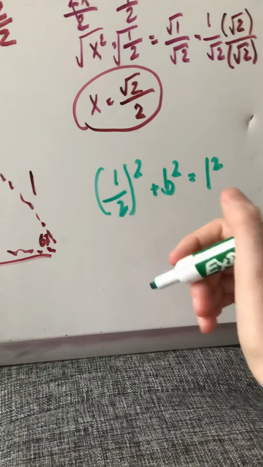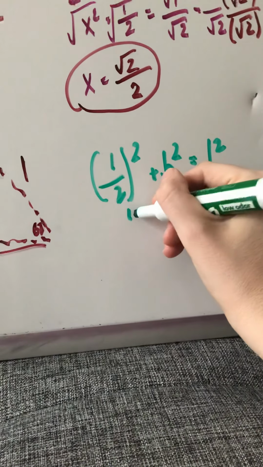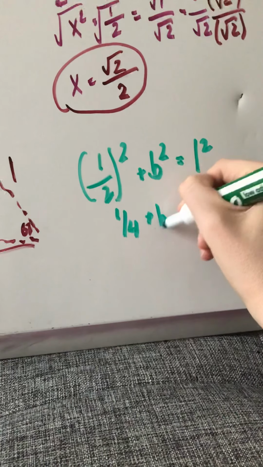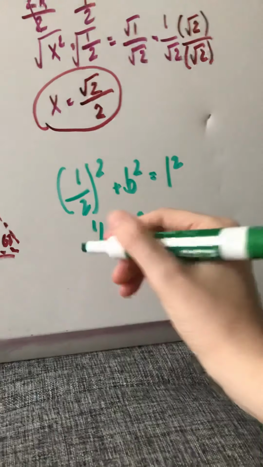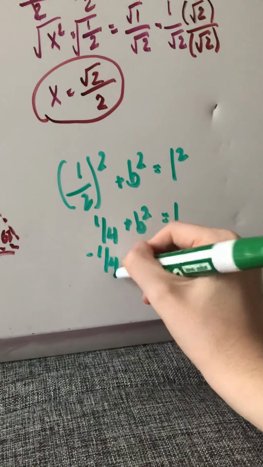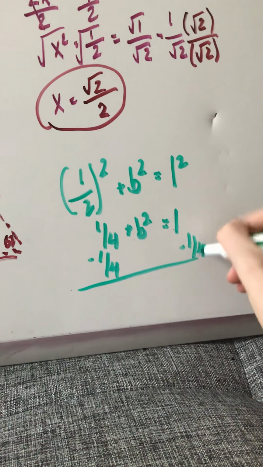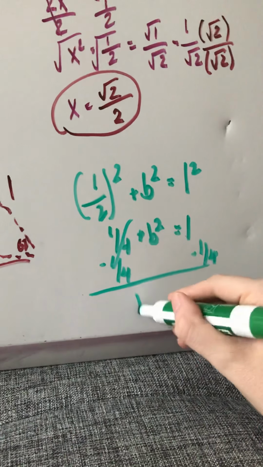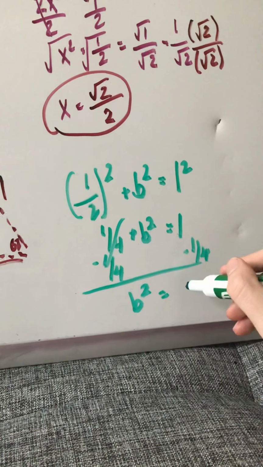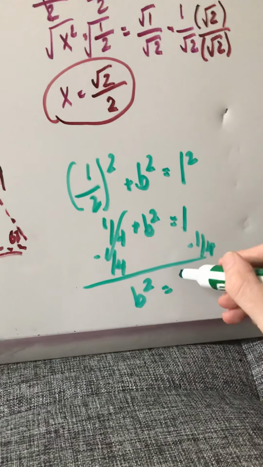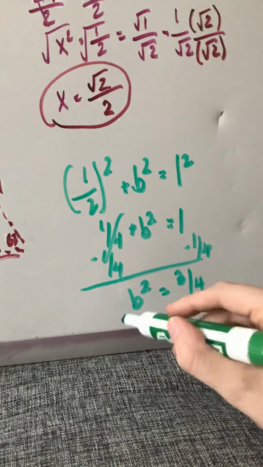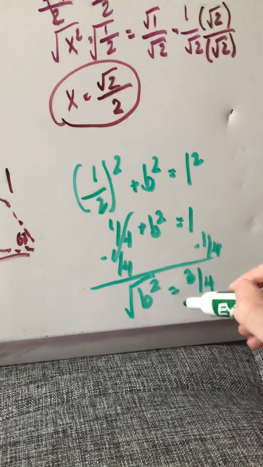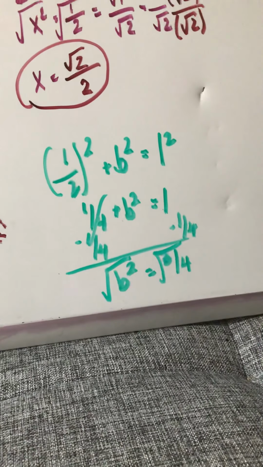I know that 1/2 squared is going to leave me with 1/4 plus b squared equals 1. Max, you do subtract 1/4 from both sides. You're going to have b squared equals 3/4. Yes, we do take the square root of both sides here.